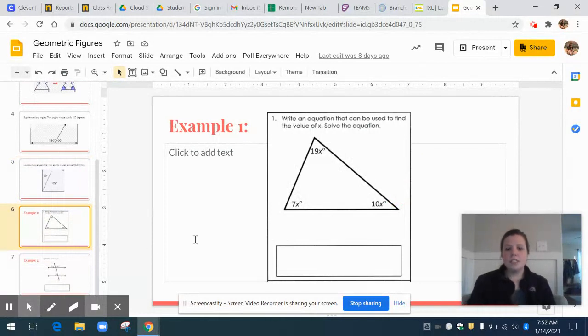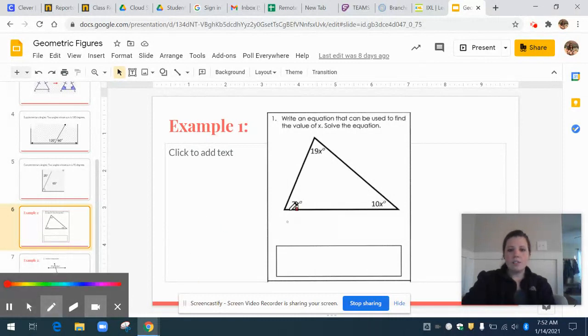So for this first example here, it says write an equation that can be used to find the value of x, then solve the equation, okay? So I know that when I add these three angles up, they have to add up to 180 degrees because all triangles add up to 180 degrees, okay?